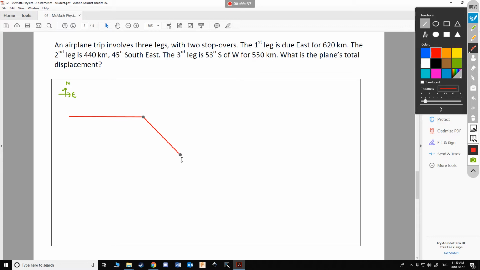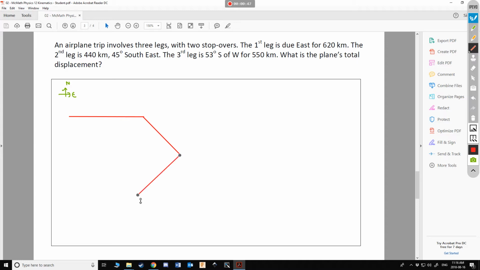And our last one, the third leg, is 50 degrees south of west for 550 kilometers. Okay, so just an approximation. So I have the general idea of the final position.